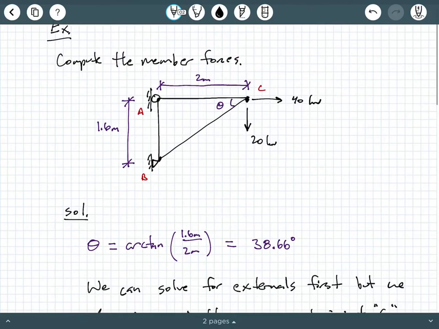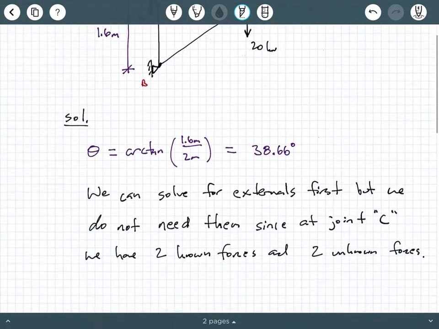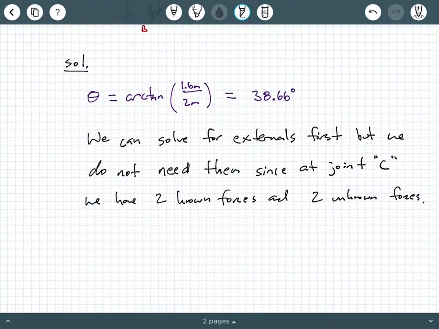And what are those 2 unknown forces? Well, that would be the force in AC and the force in BC. Those are the 2 unknown forces referencing joint C. So I'm going to begin at joint C because that's the best place to start, and I can avoid my external support reactions. So I'm going to say, look at a free body diagram of joint C.